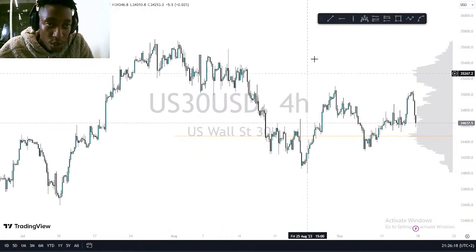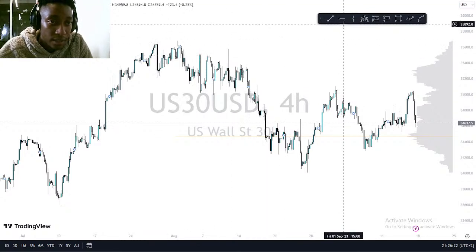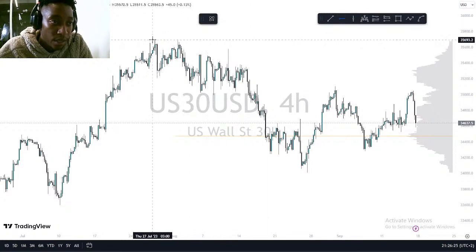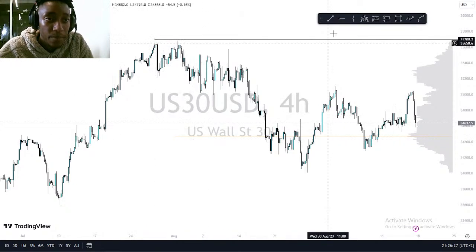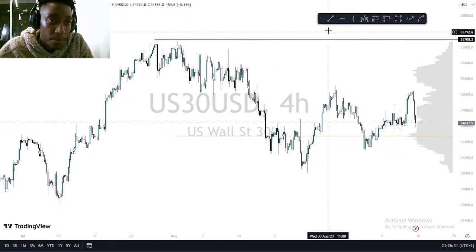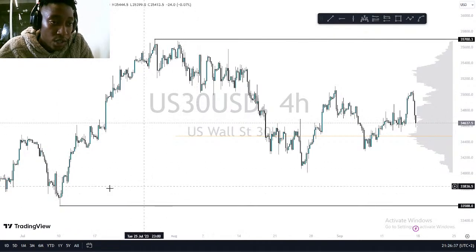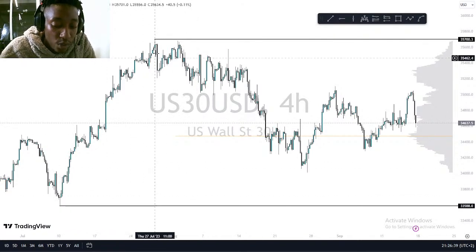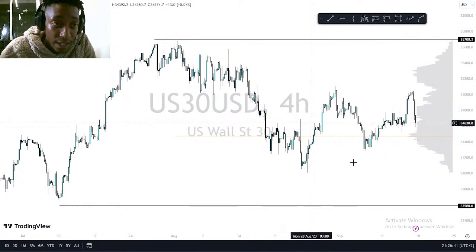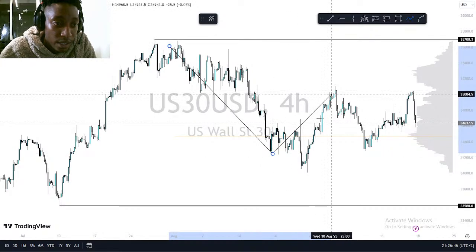So on USDT we can see that we have a high here and we have a low down here. This is our overall low, and this is our overall high, and we can see that the market is on a downtrend.